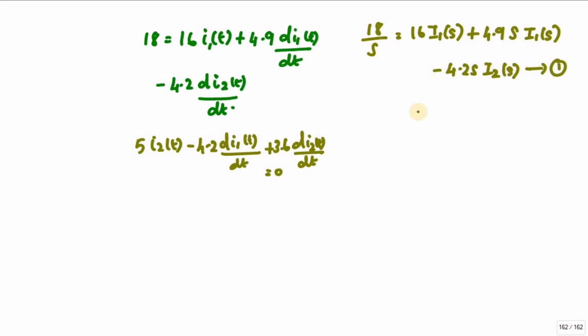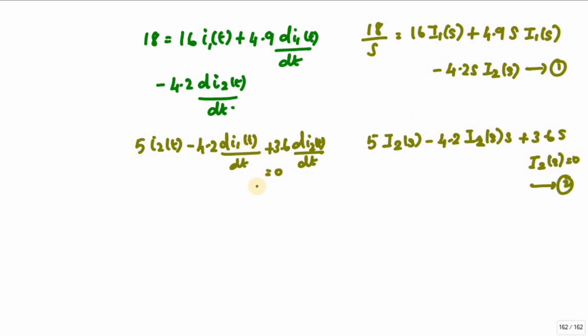This is the first equation. For the second equation, 5 I2 of s minus 4.2 s I1 of s plus 3.6 s I2 of s. This is my second equation.